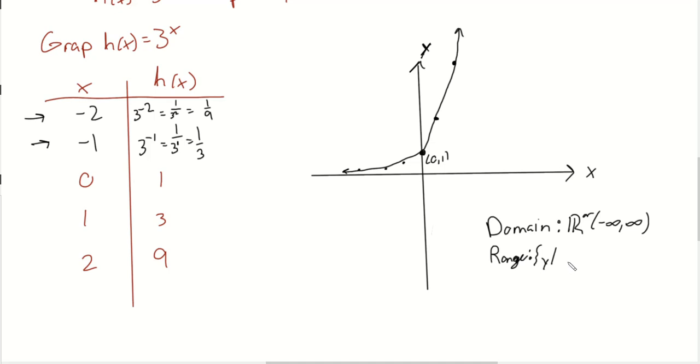What, Jade? Nope, never touches it. It's almost as if there was an asymptote right here, right at the x-axis. There is an asymptote. It cannot cross this asymptote. So I have an asymptote at the x-axis.